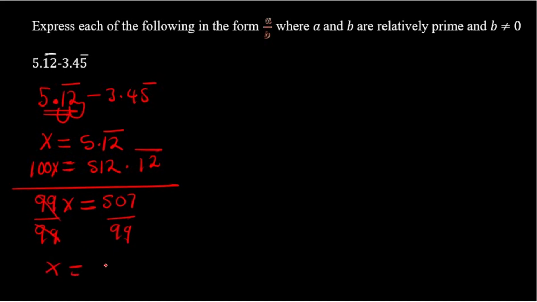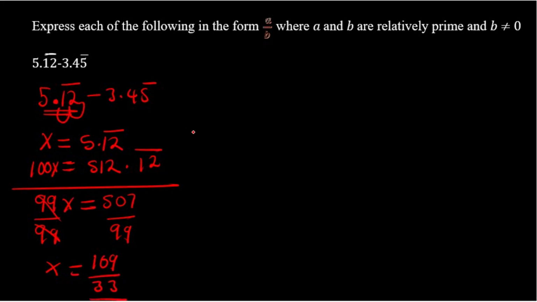So your x, since 3 can enter both of them, it will reduce, so it will be 169 over 33, like that.